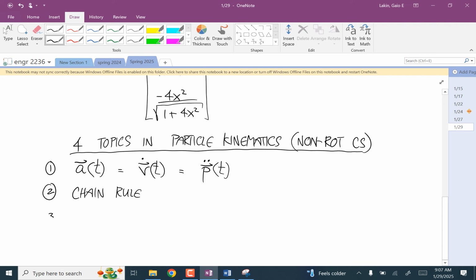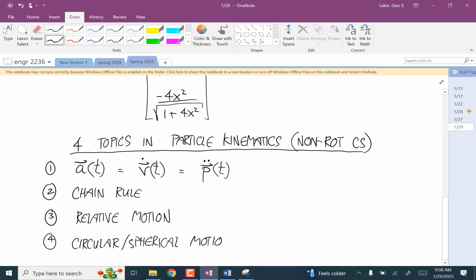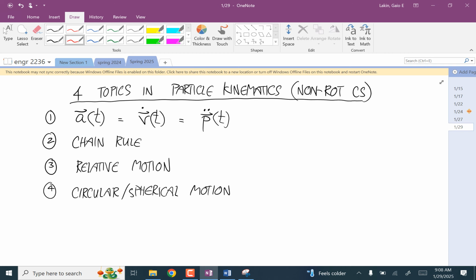And then the last two are relative motion and circular and spherical motion. And we're going to see that in this class, we're going to use 3 and 4 together all the time.